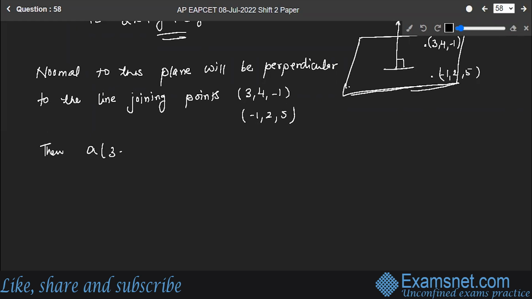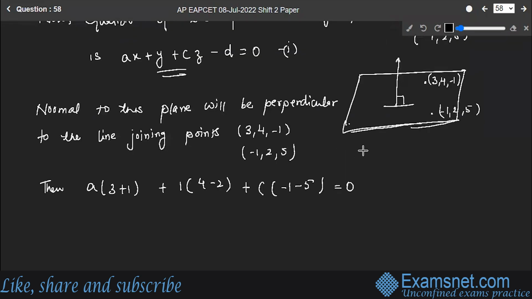Then you have a into 3 plus 1, plus 1 into 4 minus 2, plus c into minus 1 minus 5, equal to 0. So you will have 4a plus 2 minus 6c is equal to 0, so 2a plus 1 minus 3c is equal to 0. Let's number this one as 2. All right, hope you're clear.